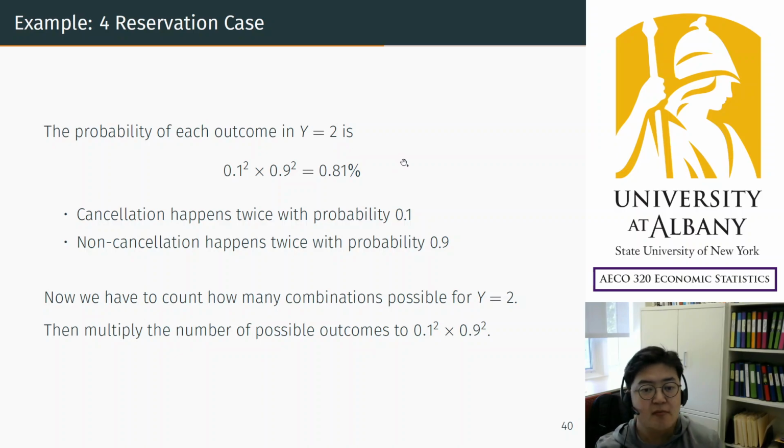Okay, this is nothing new and pretty much straightforward. But as I said, the problem is it is only one outcome, for which you know who cancels and who doesn't. But we have to think about different combinations of the cancellations.